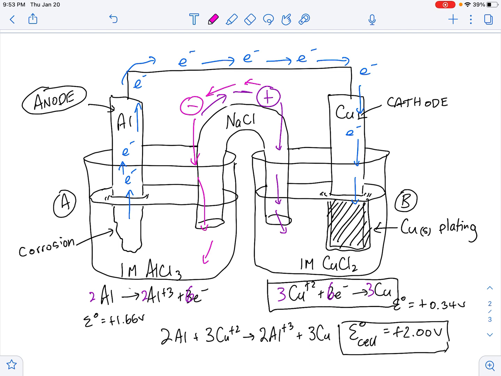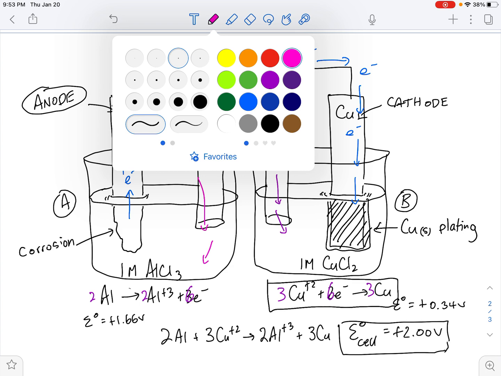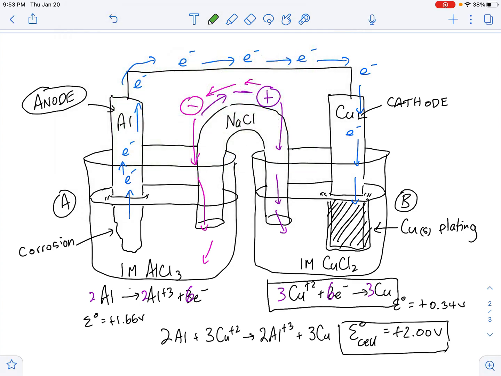So what you'll actually start to see in this beaker down here is ions start to show because they're coming out of the salt bridge, and you might even start to see some aluminum plus 3s over here, because they're going to migrate all the way over.